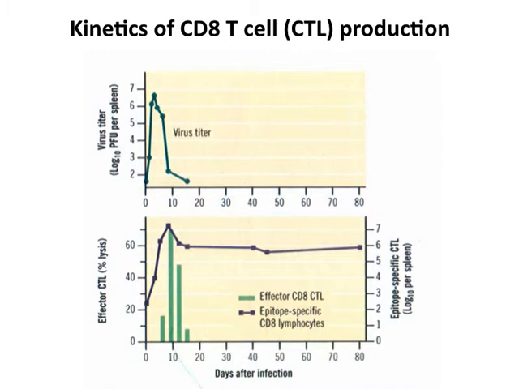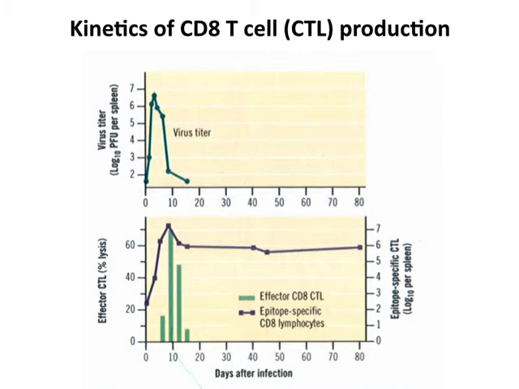So here are the kinetics of production of cytotoxic T lymphocytes. Again, these are animals that have been infected with a virus. At the top is the virus titer. We're looking here at virus in the spleen. This happens to be a virus that replicates in the spleen. You can see there's a very rapid peak in about 2 or 3 or 5 days there, and the virus goes down.